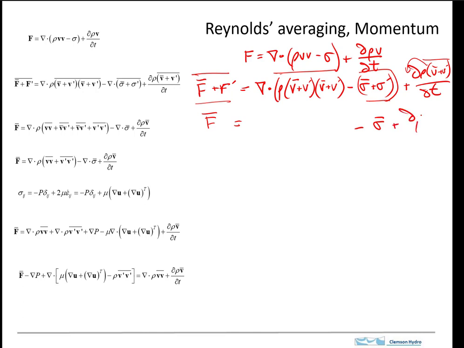And this is just going to give us the average velocity. But here we're going to get something a bit different, because this is the product of these two terms. So we're going to have to multiply this out. So there's the average of that times that.